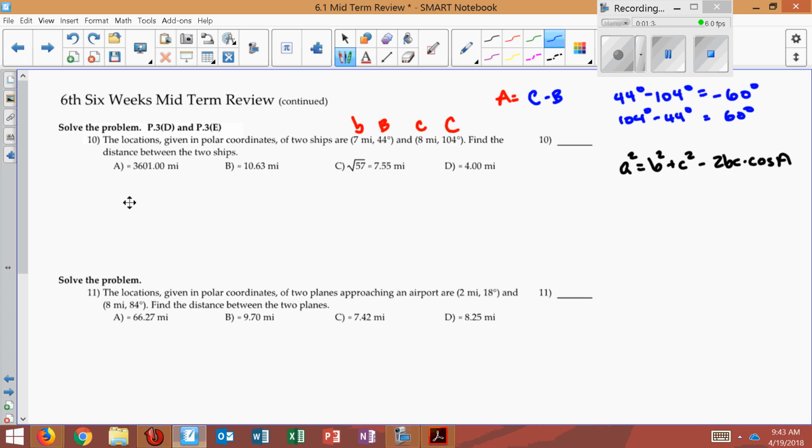So what are we going to type in the calculator? To find A, we're actually going to take the square root of all this. I'm taking the square root of both sides. So b squared, which will be 7 squared plus 8 squared minus 2 times 7 times 8 times the cosine of 60 degrees. That's what I'm going to type in the calculator.